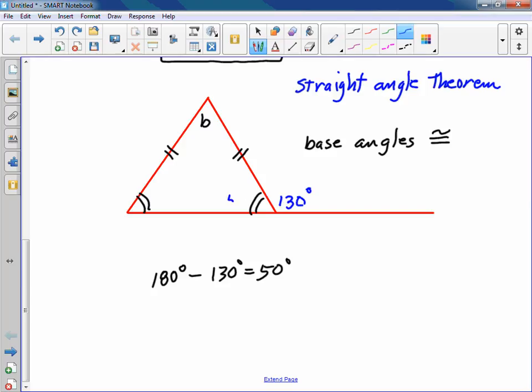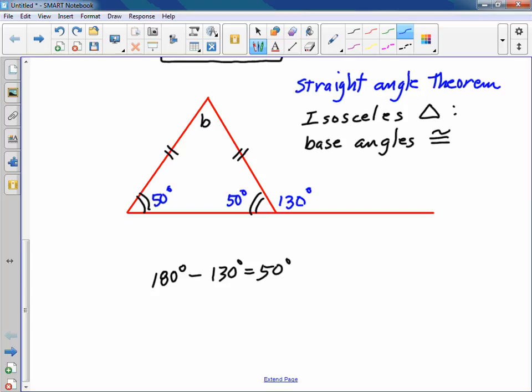And because this is an isosceles triangle, with base angles that are congruent, a lot of words thrown at you, isosceles triangle means base angles are congruent. So these base angles have to be the same.